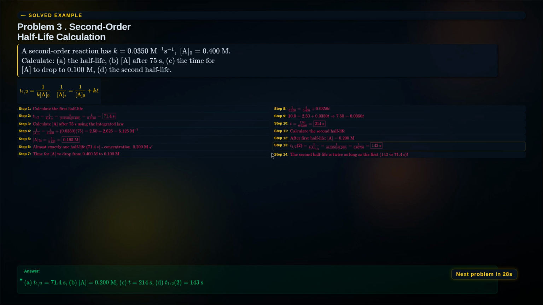The second half-life is twice as long as the first, exactly the expected behavior for second-order kinetics. Answers: half-life 71.4 seconds. Concentration after 75 seconds is 0.195 molar. Time to reach 0.1 molar is 214 seconds. Second half-life 143 seconds.